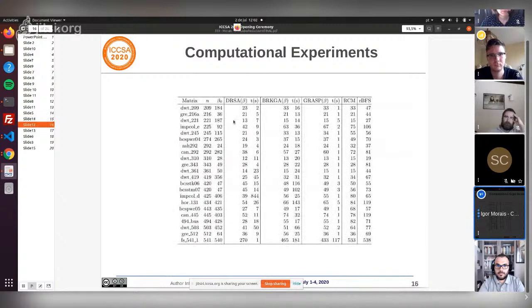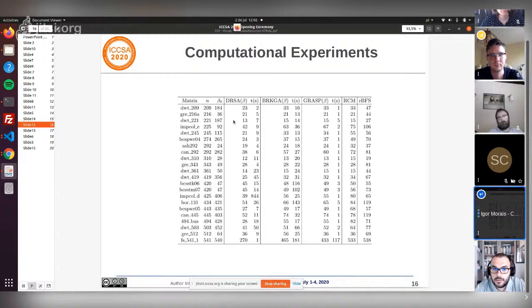For comparison, we used 4 methods: the reverse Cuthill-McKee, the RCM, the reverse breadth-first search, the GRASP, and the dual representation simulated annealing. In this first set of matrices, we only lost on the last 2 and on the HOR 131 here, to GRASP, RCM and RBFS.